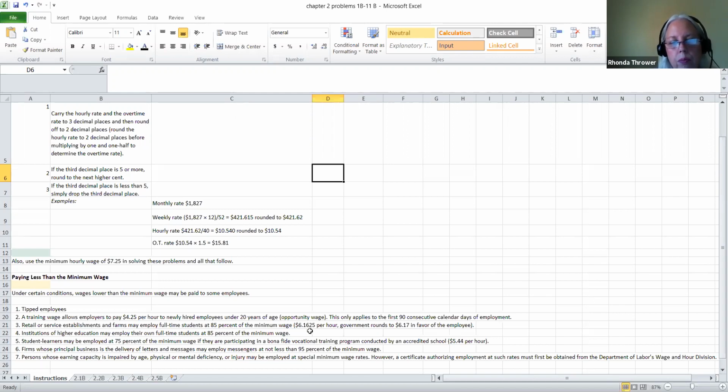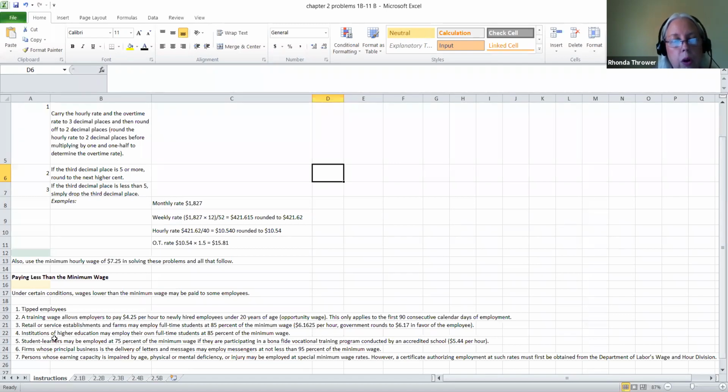So if you are a full-time student and you work for retail, a service type of business, or a farm, it is legal for the employer to pay you less than a minimum wage amount. But that amount should be at least $6.17.